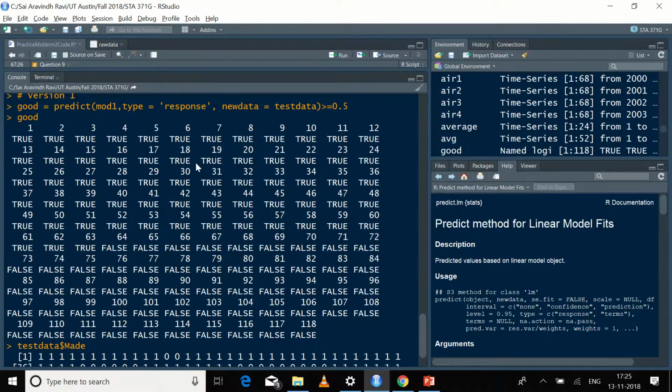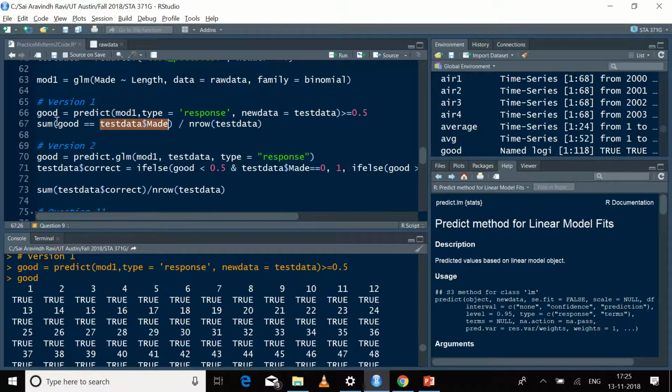All I need to do is sum all those values for which my prediction matches, summing them up and dividing them by the total number of rows in my test data. So that will give me the percentage of predictions that my model predicts right. Agreed?